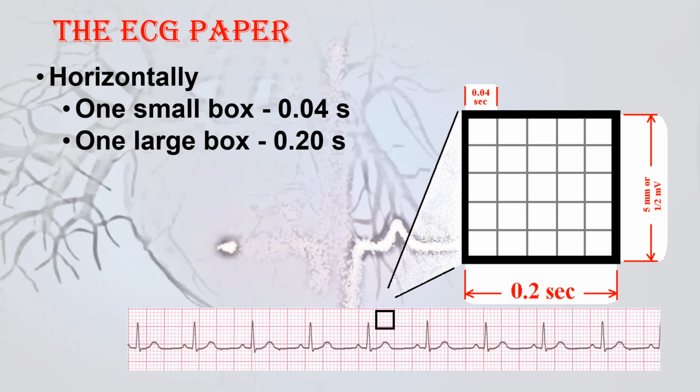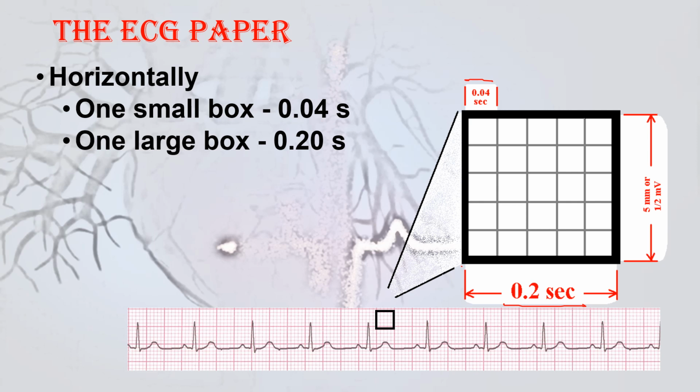The horizontal axis represents time in seconds, and the vertical axis represents the energy in millivolts. One large square horizontally represents 0.2 seconds, and one small square is 0.04 second.